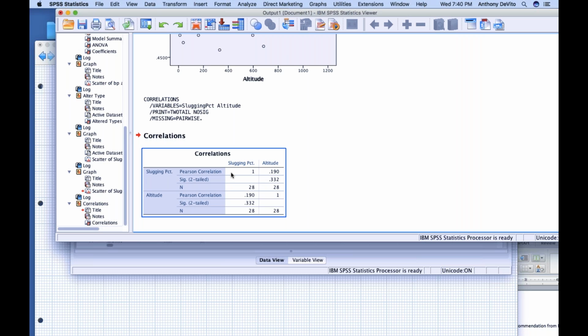Well, let's see. Our Pearson's correlation between slugging percentage and altitude is 0.19. It's a lot closer to 0 than it is to 1. So it sure doesn't seem like there's much of a correlation here, right? Besides that, the other thing I see here is that the significance value is very high, right?